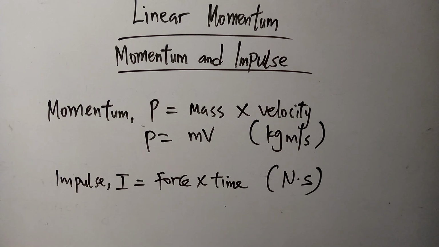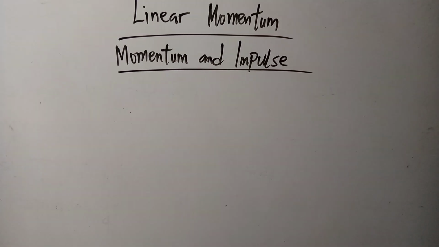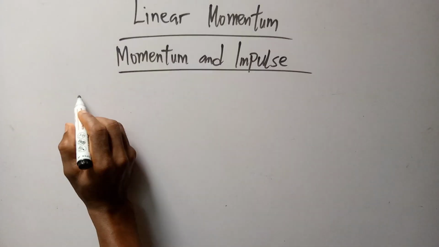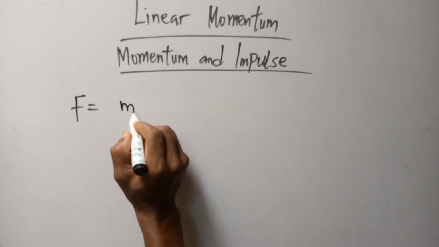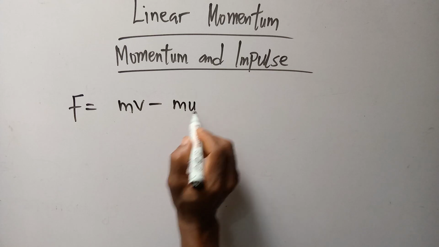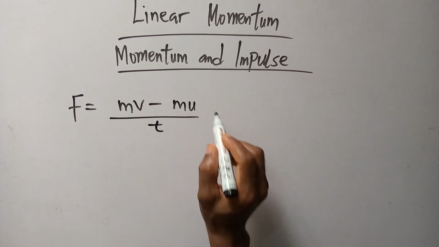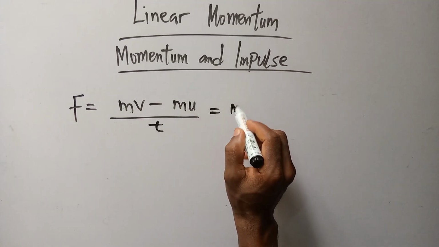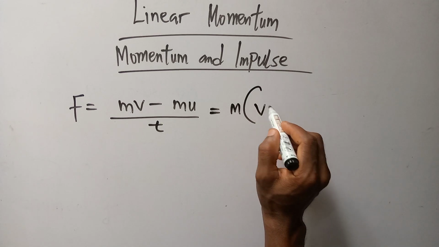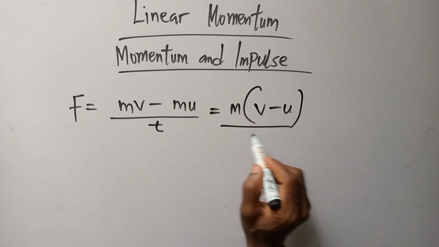Now let's check the formula for force from the second law of motion. We can say F is equal to mv minus mu over t. It can also be written as m bracket v minus u over t.